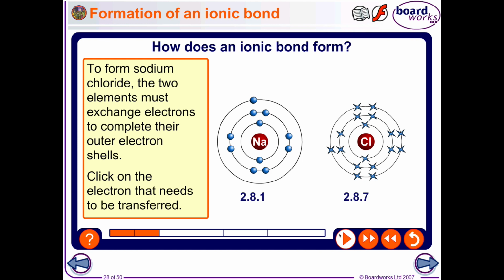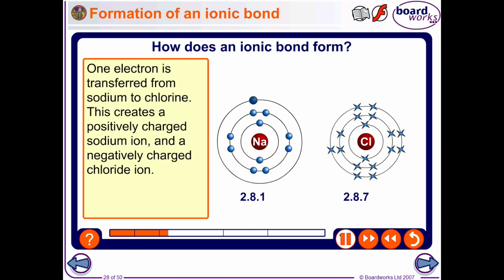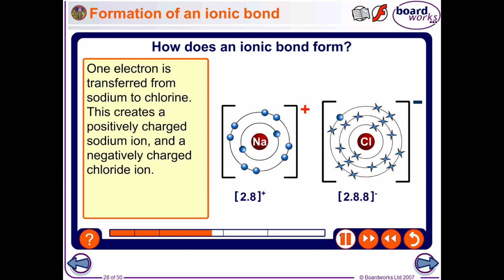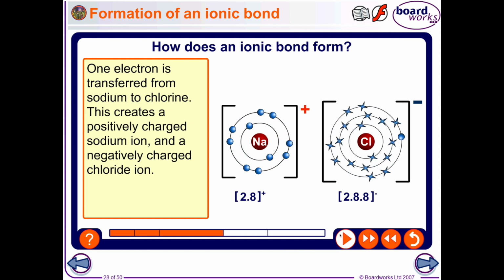So that's what's going to happen. The electron from the sodium will make its way across and join onto the chlorine. Now straight away we put square brackets around them to indicate we've now made ions. The sodium is a +1 ion because it's lost an electron, chloride is a -1 ion because it's gained 1.